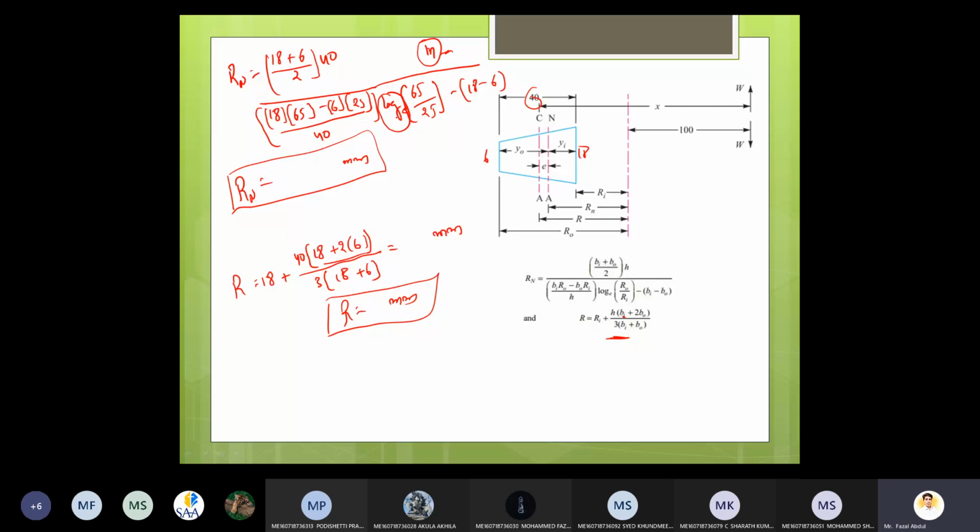If you press the log button, the answer will go wrong. So in your calculator, press the ln button here. Ln 65 by 25, like this. So tell me the Rn value. Rn value should become in terms of mm.